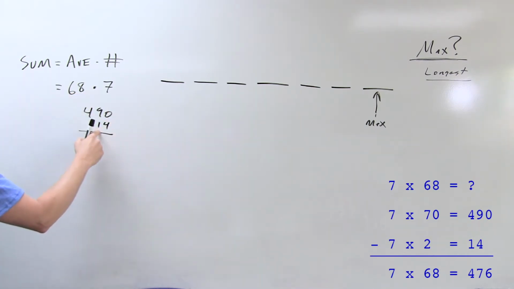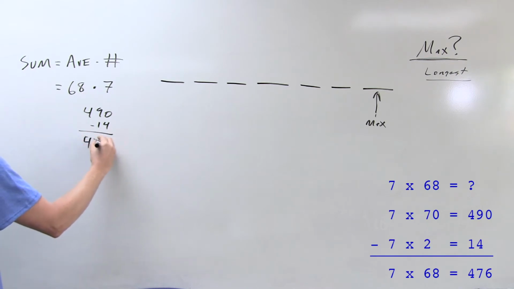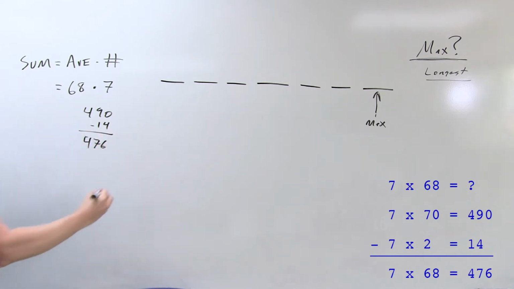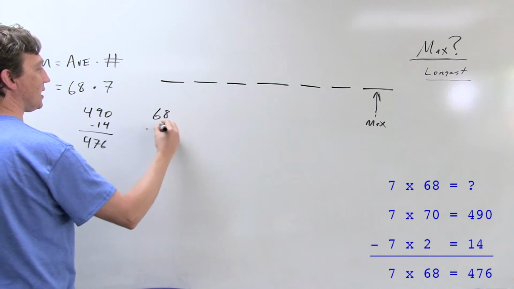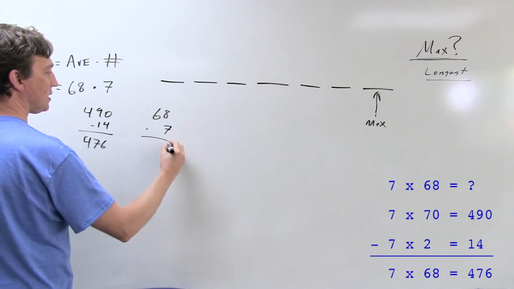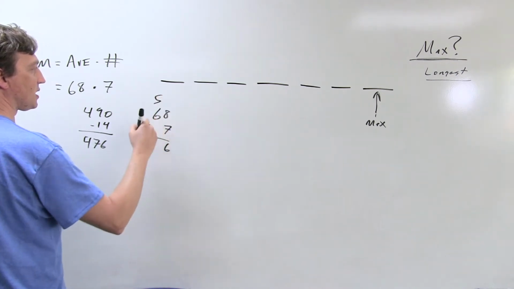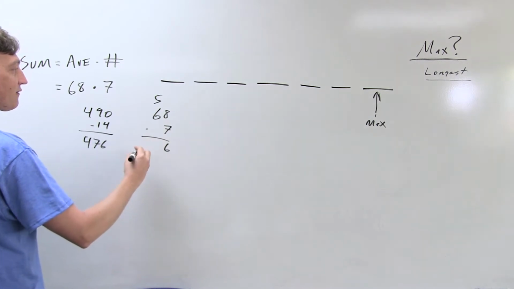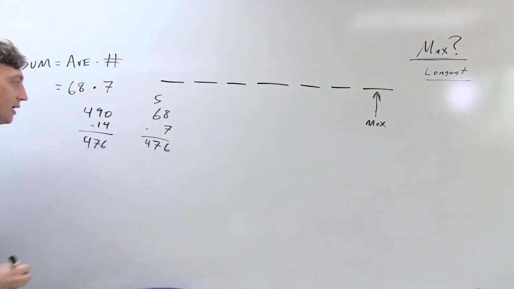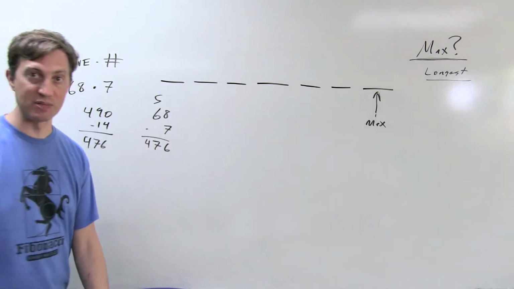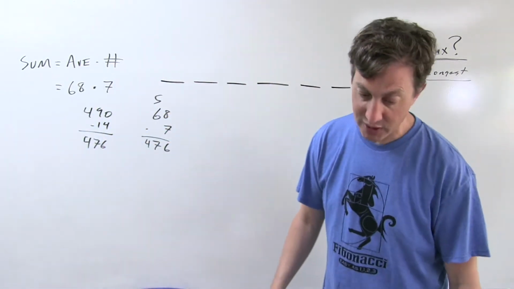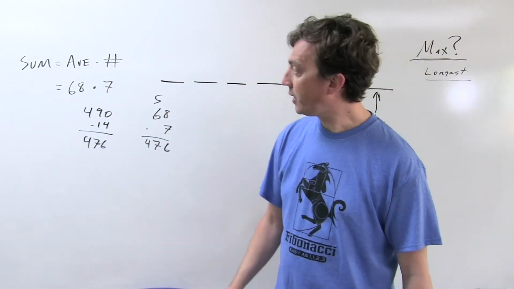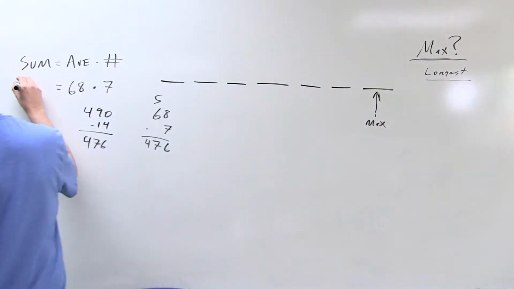And so that puts me at 476. Another way to do it, just do out the math. 68 times 7. 7 times 8 is 56. 7 times 6, 42. Plus the 5 is 47. Luckily, I got the same value both times, so it seems like I'm doing these correctly. Either way, I figured out the sum is 476.